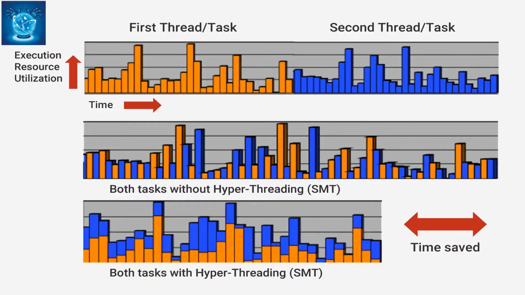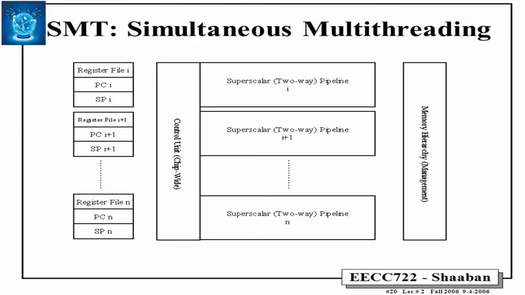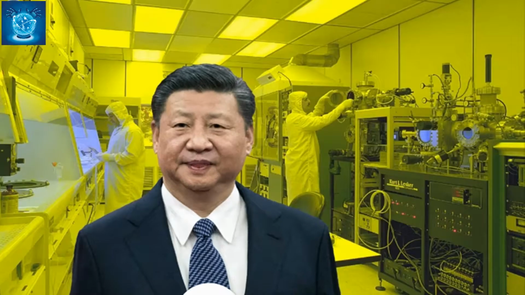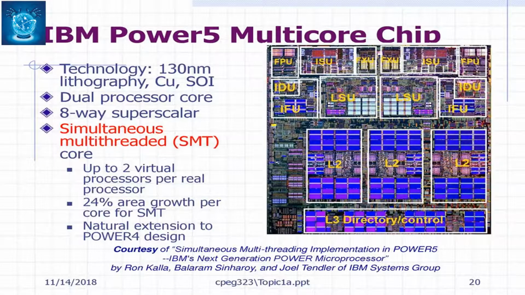If a processor sees that 2 instructions are ready to be executed and there is no dependency between them, rather than wait for them to finish separately, it will execute them both at the same time. One common implementation of this is called simultaneous multithreading, SMT, also known as hyperthreading. Intel and AMD processors currently support 2-way SMT, while IBM has developed chips that support up to 8-way SMT.